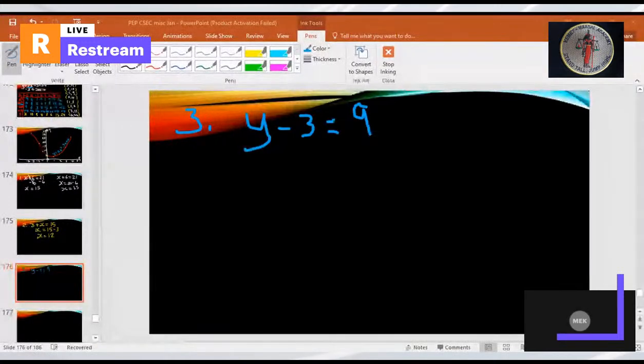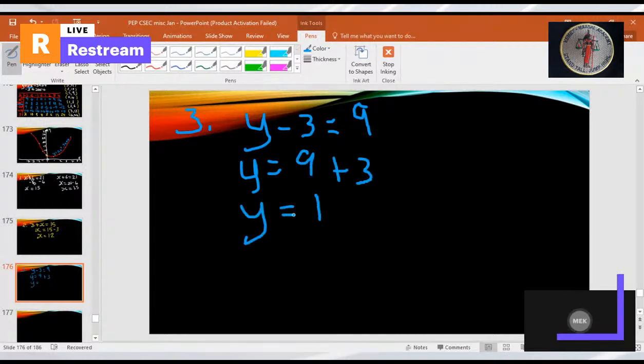So since we are taking away, once we move that 3 over to the right-hand side, it now becomes a positive 3. So we're going to have y is equal to 9 plus 3, and that gives 12. And if we substitute that 12 back here, we would minus 3, and that gives 9. So we know we're correct.